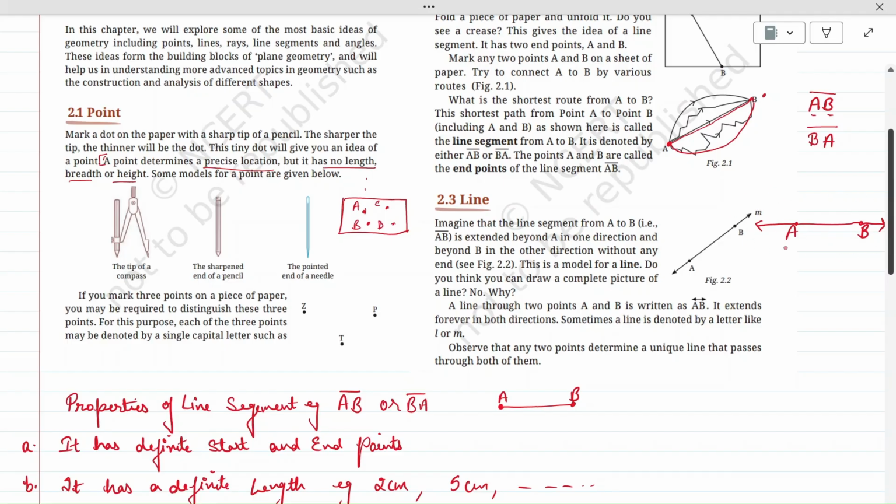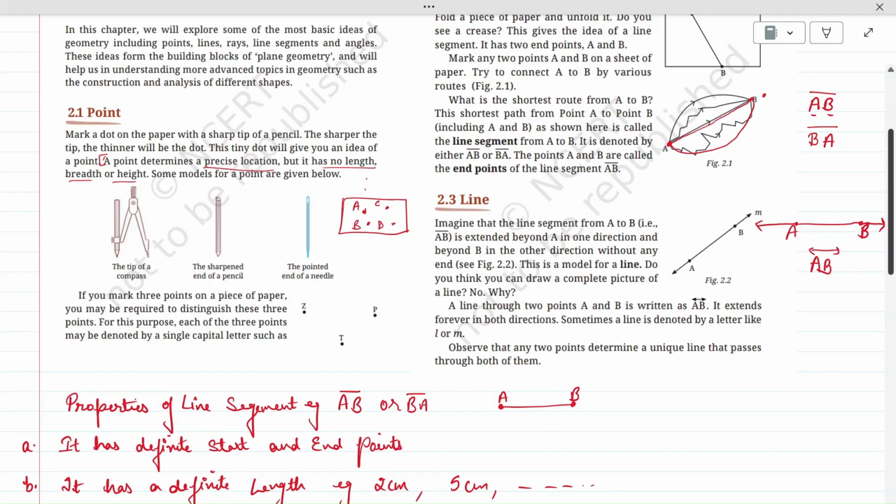This whole is now a line and it is represented as AB with arrows, which means it can be extended to both the sides. A line doesn't have any starting or end point like a line segment. A line segment has a definite start and end point, but a line does not.